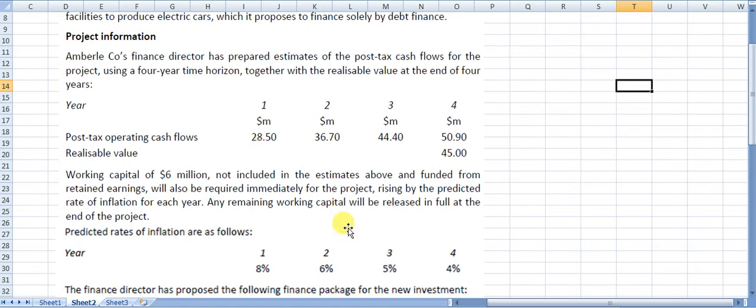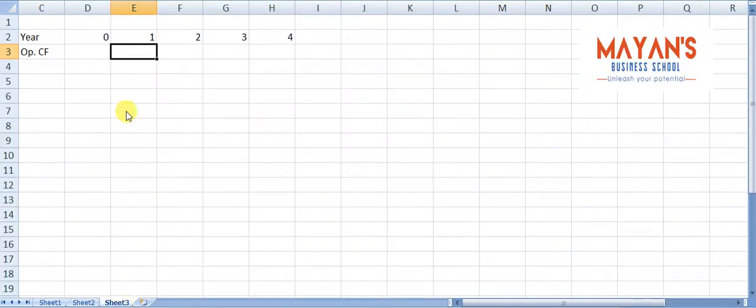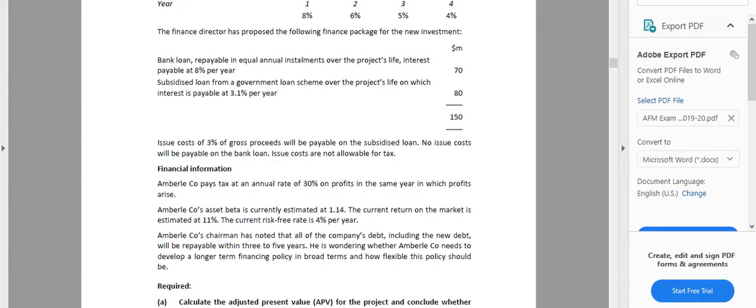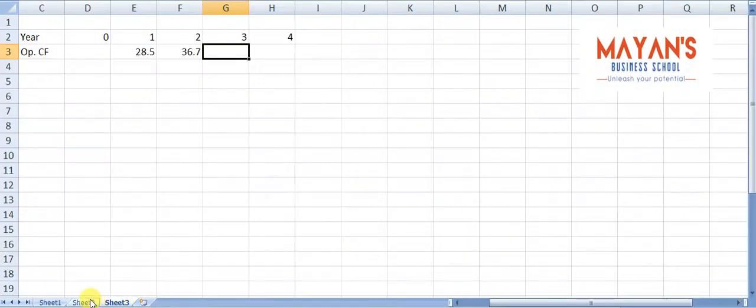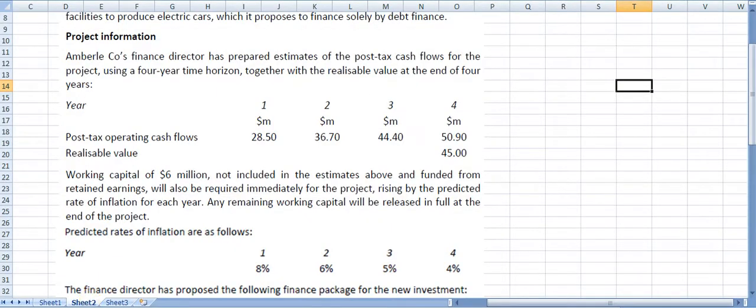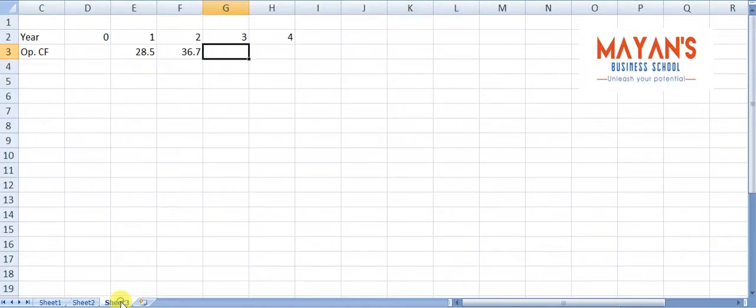In millions, they have given 28.5, 36.7, 44.4, 50.9.